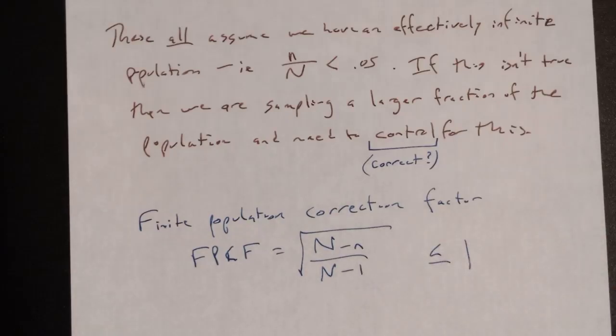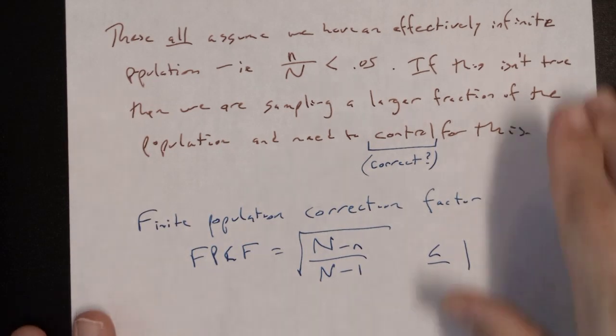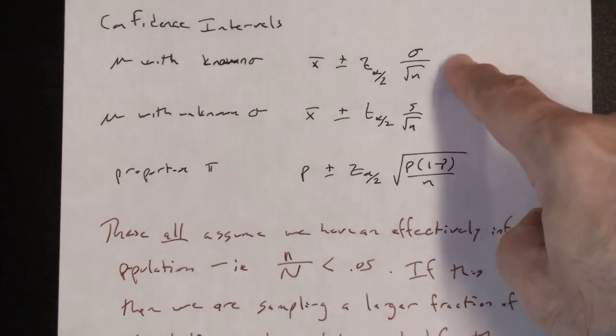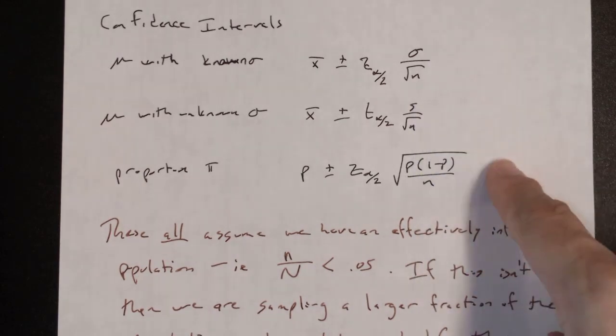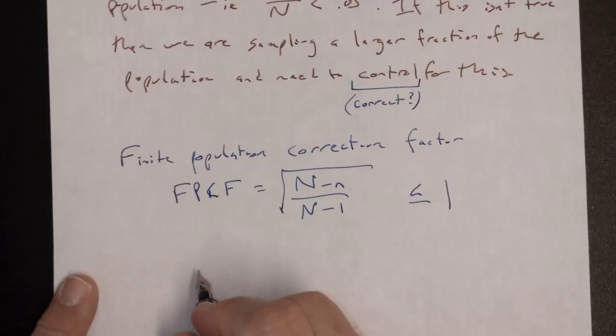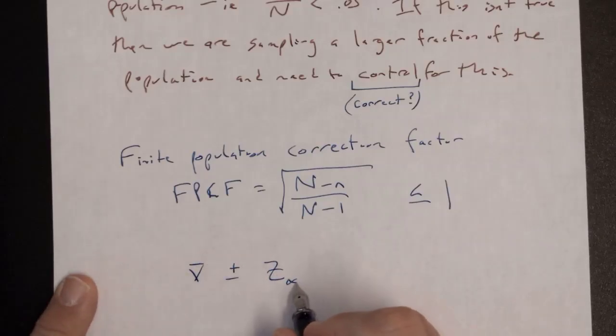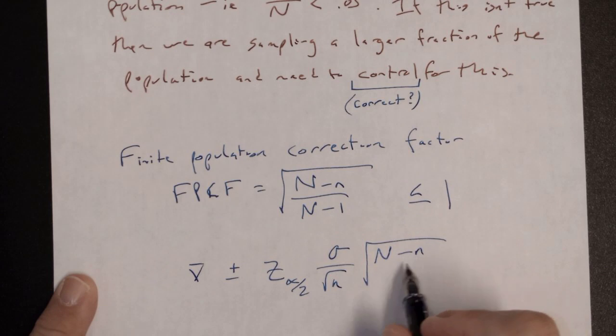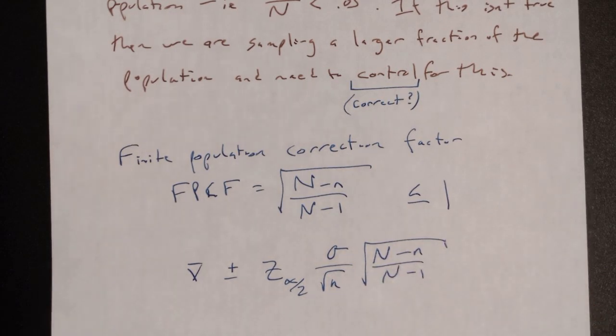And that's my way of shrinking the margin of error. I'm going to multiply my margin of error by this number. And that changes all 3 of these formulas by multiplying in the finite population correction factor here. So I now get my average with known standard deviation formula.